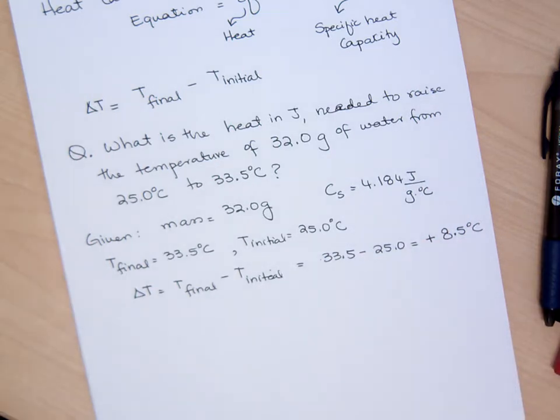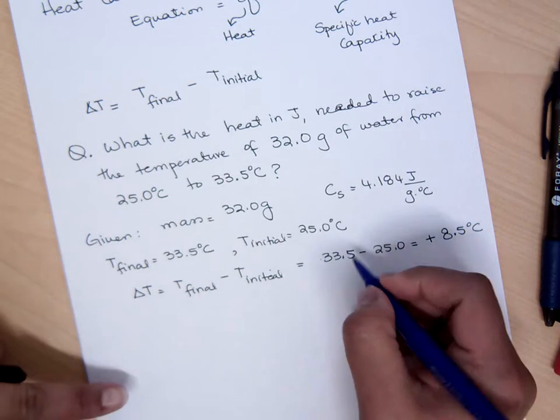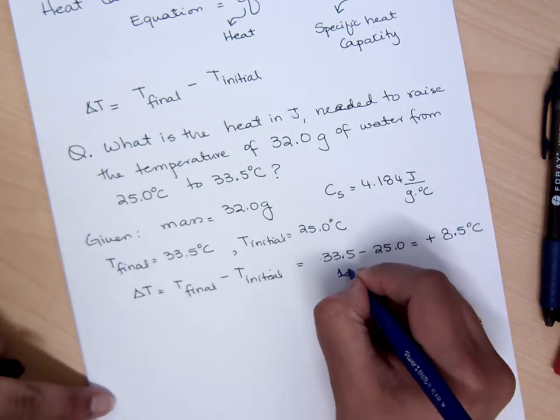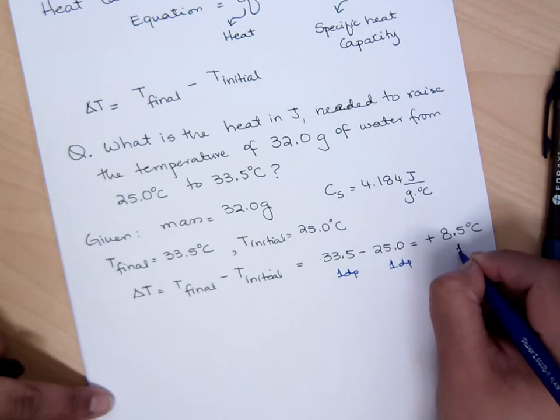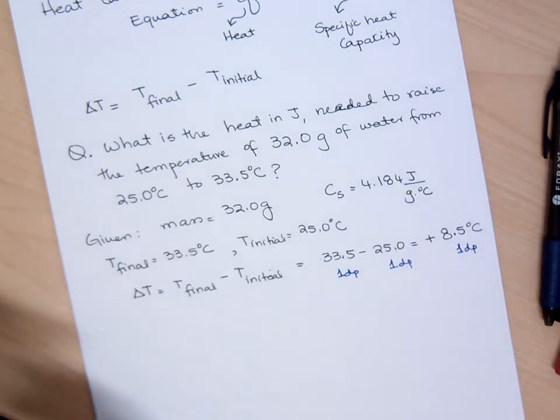Recognize that you do have to remember the decimal place rule. This is 1 decimal place, this is 1 decimal place, so the answer is true to 1 decimal place.